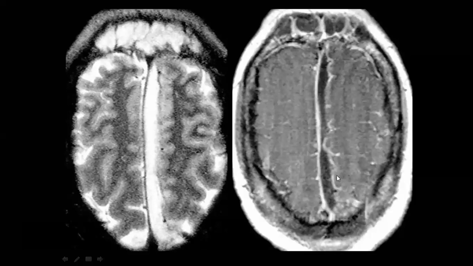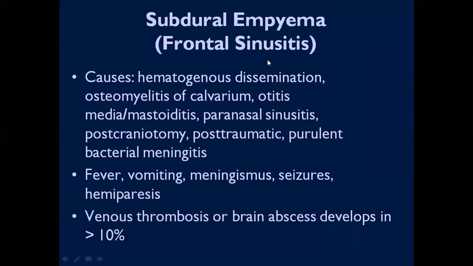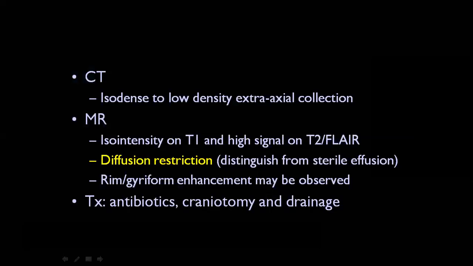So superior sagittal sinus thrombosis is a complication, with a collection here and sinusitis here. So subdural empyema caused by frontal sinusitis and sinus thrombosis or brain abscess. Don't forget Pott's puffy tumor when there is something subcutaneous. And it can cause osteomyelitis of the bone, as we saw in the case. Okay. The diffusion restriction here will help you differentiate it from a sterile effusion.